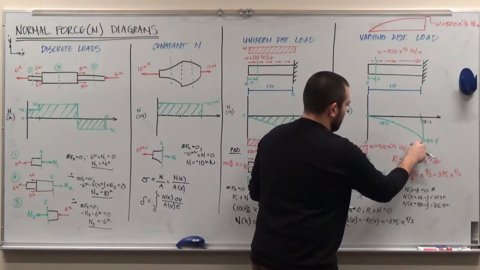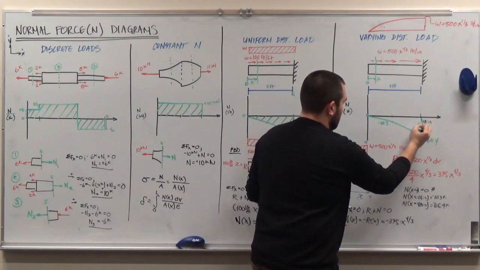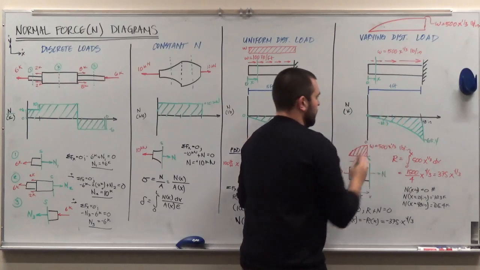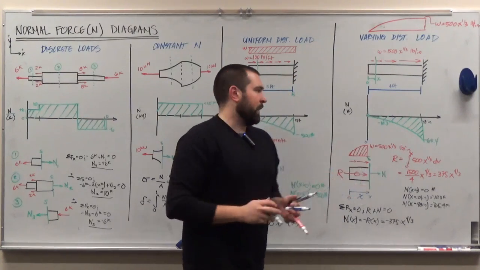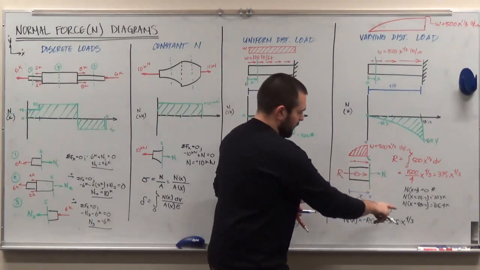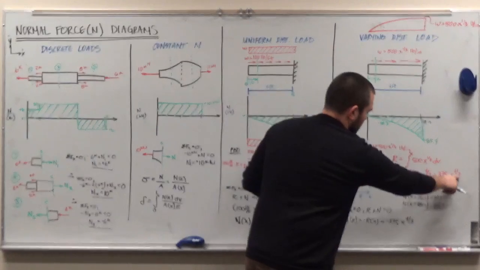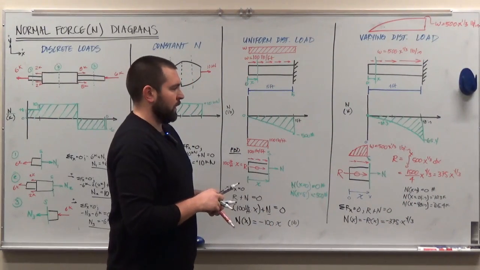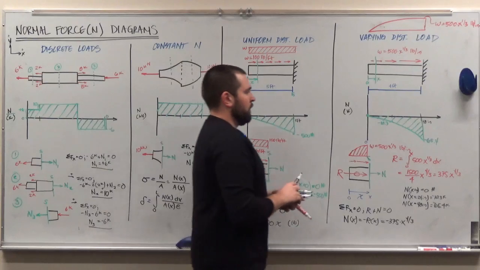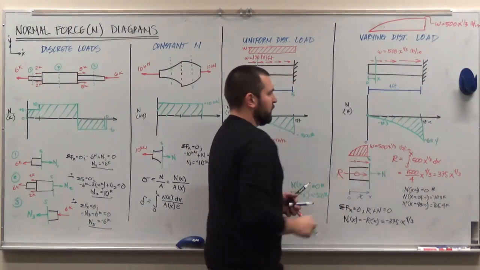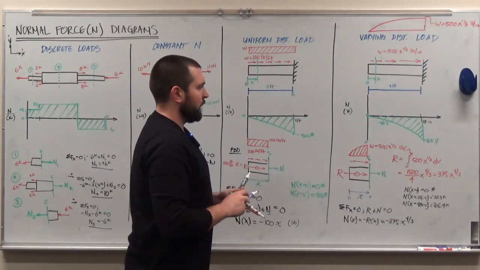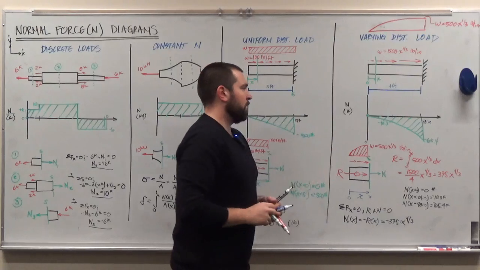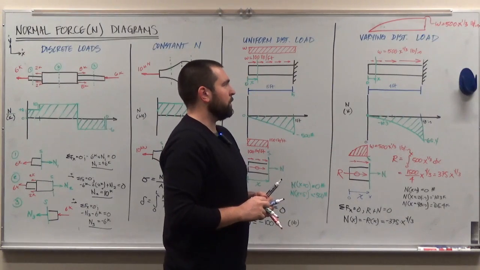Missed that last point a little bit. We'll just fix that. And that shape makes sense because here the power of x is above 1, so it should be parabolic. And so here's what the internal normal force diagram is going to look like across the length of the beam, the length of the column.